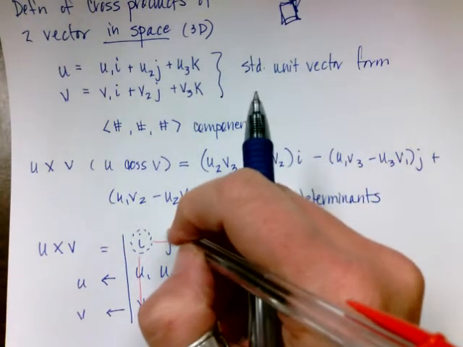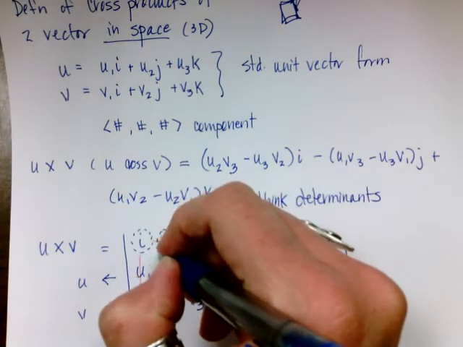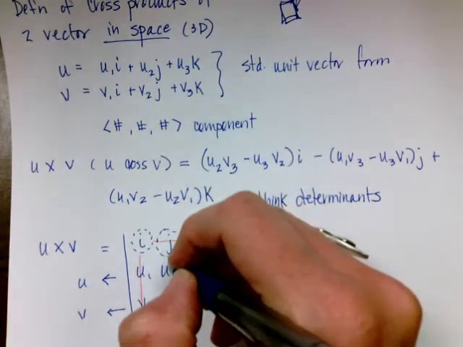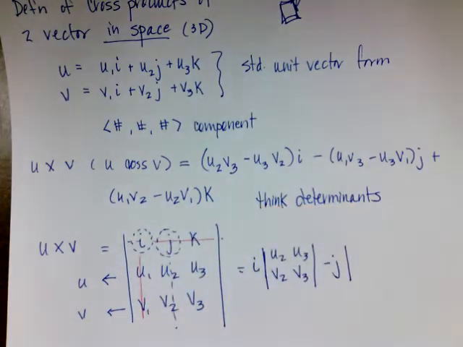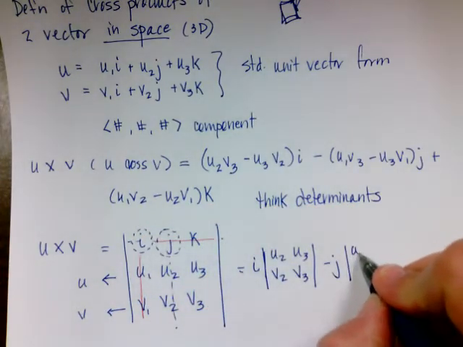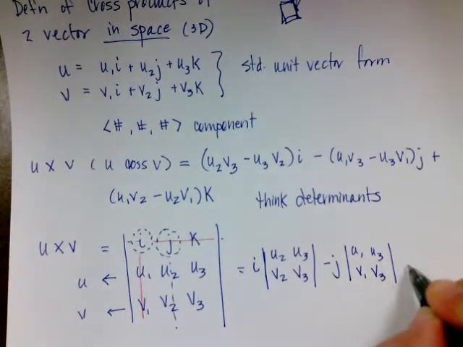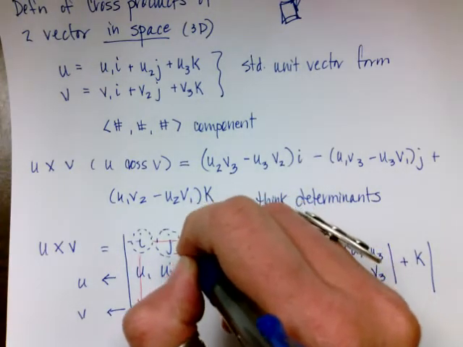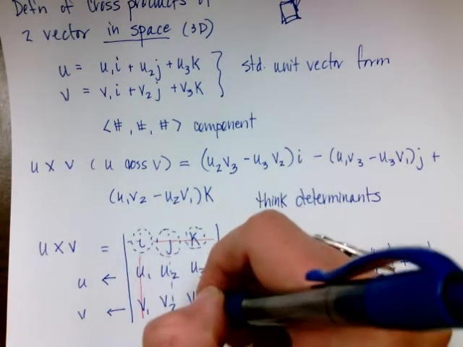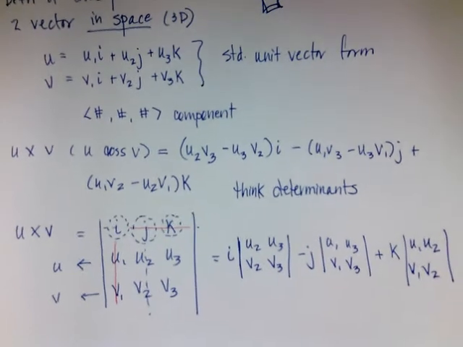If I put a little circle around this and eliminate this row and column, the matrix I would have left would be u1, u3, v1, v3. Then I'm going to add k, and I would do the same thing, eliminate this row and this column, and I would have u1, u2, v1, v2 left over.